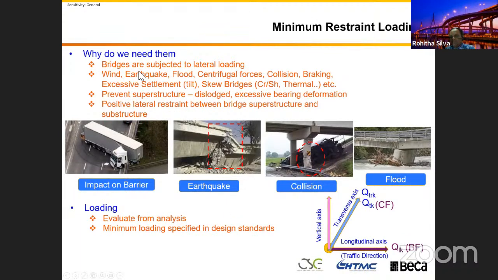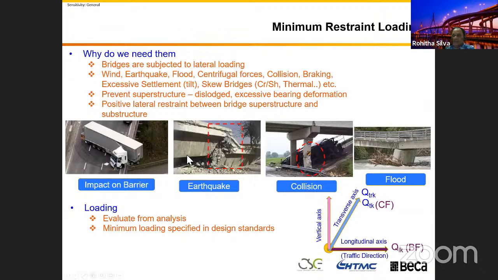So if I summarize this, bridges are subjected to lateral loading, of course: wind, earthquake, flood, centrifugal force, collision, braking. The excessive settlement, like tilt, and skew bridges. The bridges are not always 90 degrees; the bridge abutments are skewed.